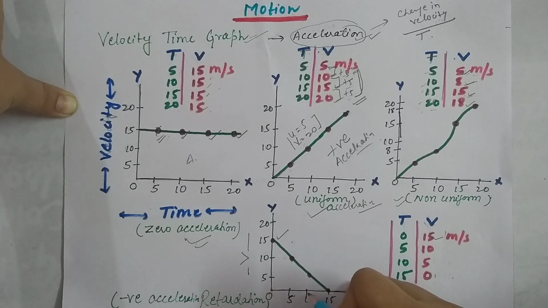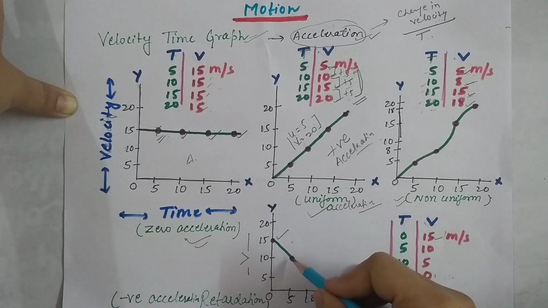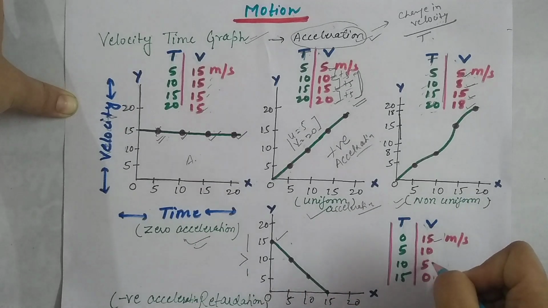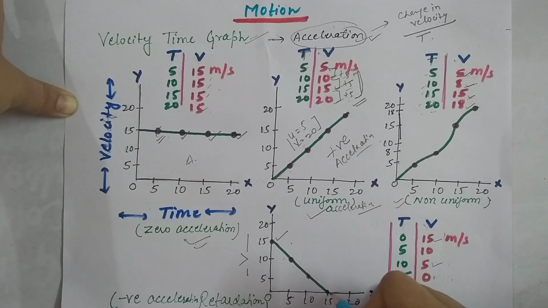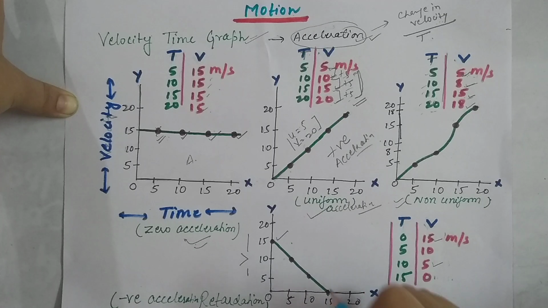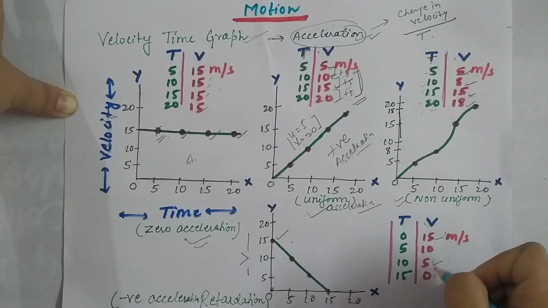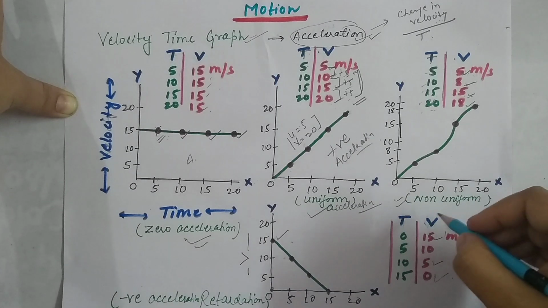At 5 seconds, the velocity becomes 10. At 10 seconds, the velocity becomes 5, and at 15 seconds, the velocity becomes 0.